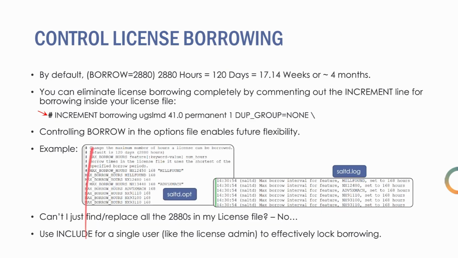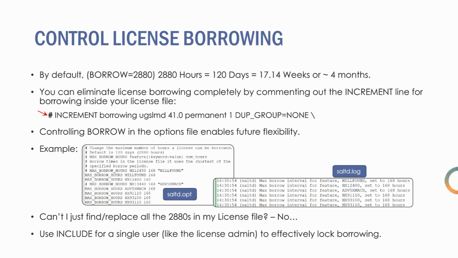Borrowing by default is set to 2,880 hours, which is 120 days, 17 weeks, or 4 months. You can completely eliminate borrowing by putting in a # on the increment borrowing line.